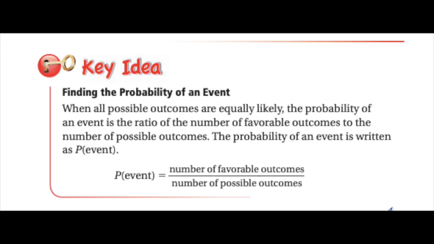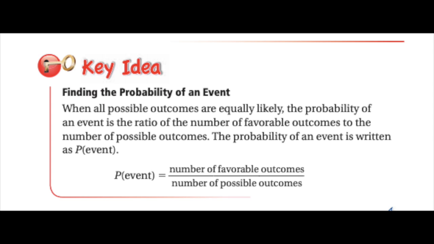All right, we have a second key idea on page 408. This key idea is finding the probability of an event. The way that we do that is we take the number of favorable outcomes over the number of possible outcomes.